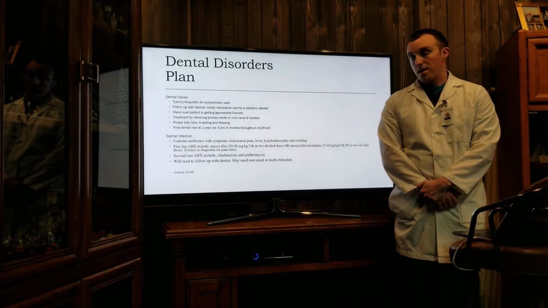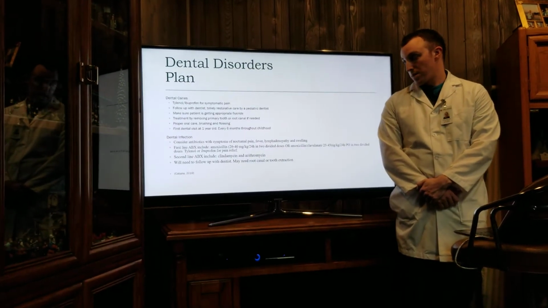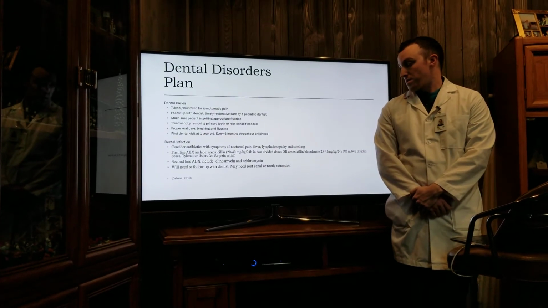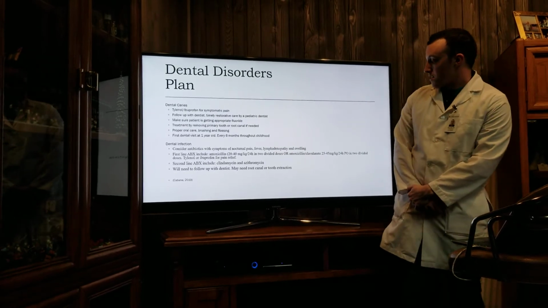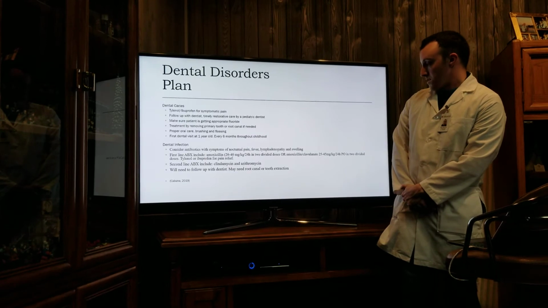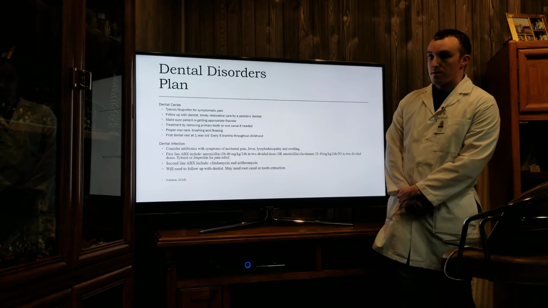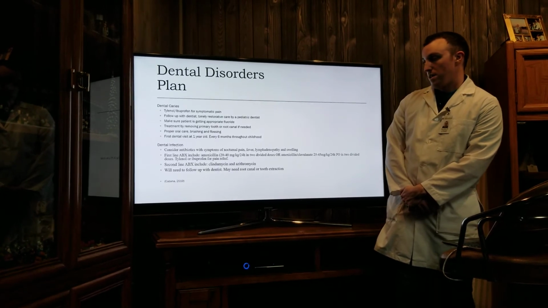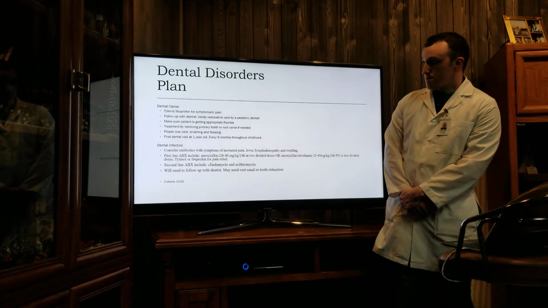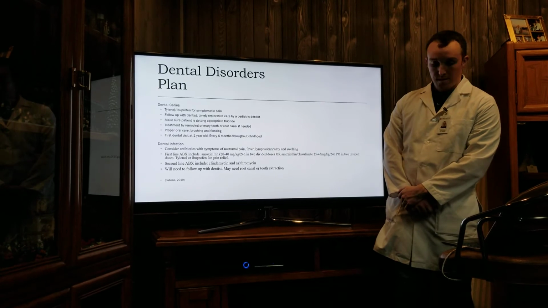So our first line antibiotics for a dental infection are amoxicillin, 20 to 40 milligrams per kilo in a 24-hour period, divided into 2 doses, or Augmentin, 25 to 45 milligrams per kilo in a 24-hour period, also divided into 2 doses, and then Tylenol and ibuprofen also for pain relief. Second line antibiotics include clindamycin and azithromycin. We'll need to follow up with a dentist and may need a root canal or tooth extraction.